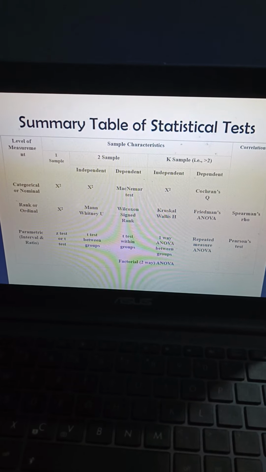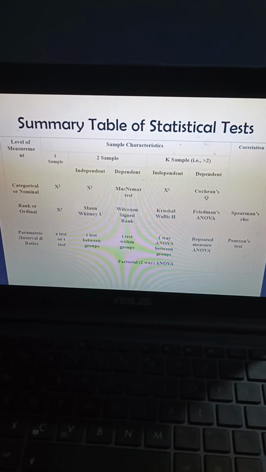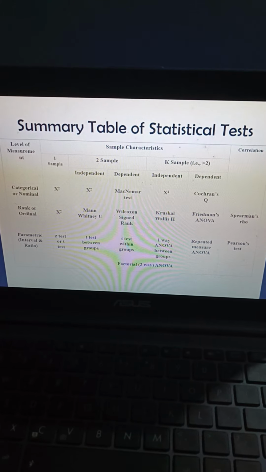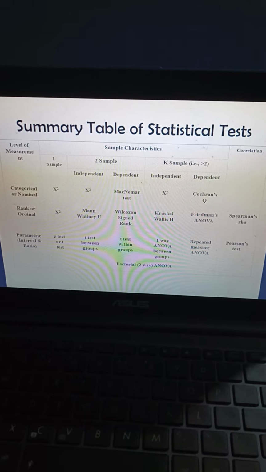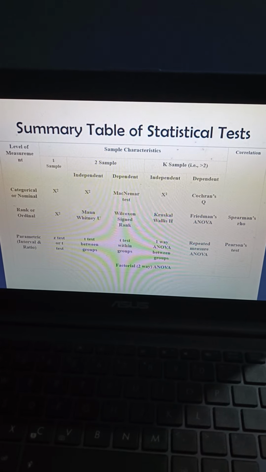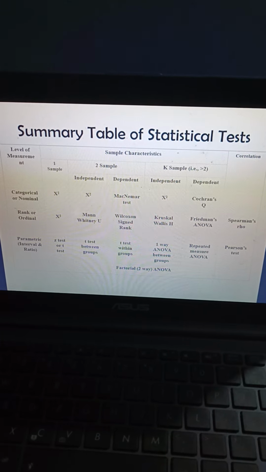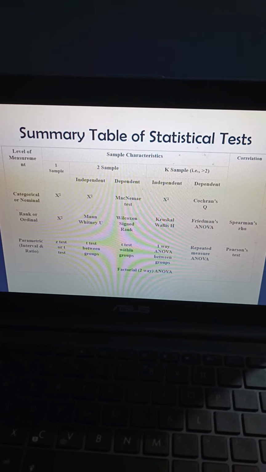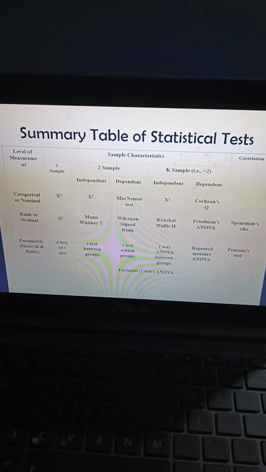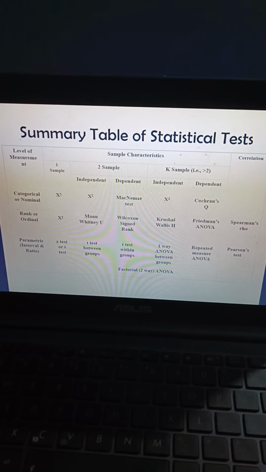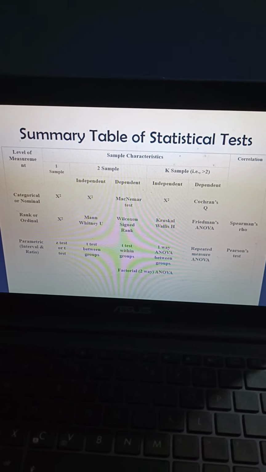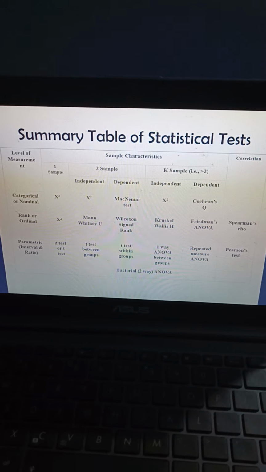For two samples, if it is independent data: categorical nominal chi-square, rank or ordinal Mann-Whitney U, and parametric T test between groups. For two samples, if dependent data: McNemar test for categorical or nominal, rank or ordinal Wilcoxon signed rank, and in case of parametric T test within groups.